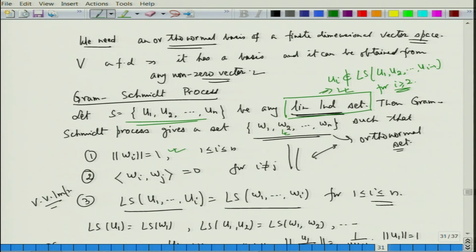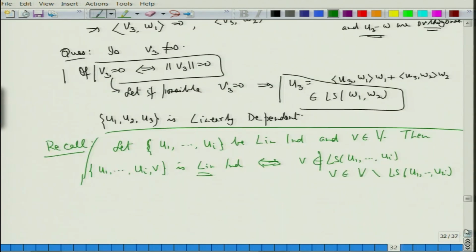So, what we are having here is that S is a linearly independent set, and therefore, ui is not a linear combination of the previous ones, and therefore, at each stage everything is going smoothly for us. All right, fine.